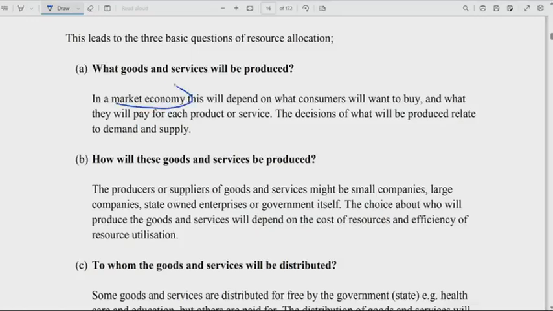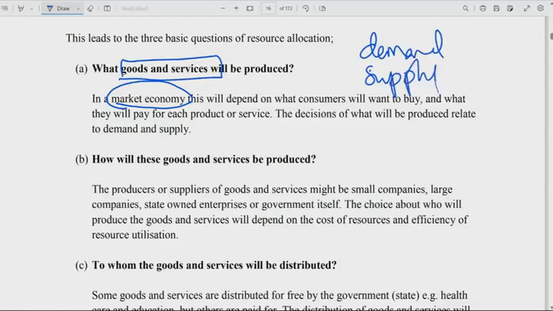So in the free market economy, what goods and services to be produced is determined by demand and supply: what people are demanding and what people would supply. These two forces will determine what goods and services to produce in a free market economy.